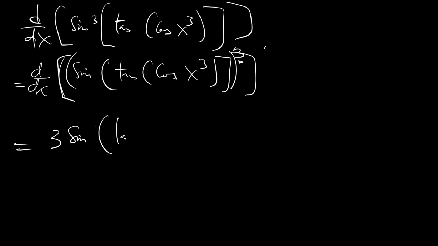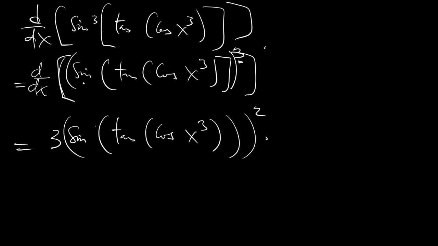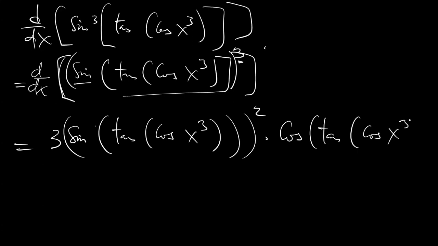Now write the whole of this squared. Then you differentiate this one, which is cos of the whole of this, remaining constant.